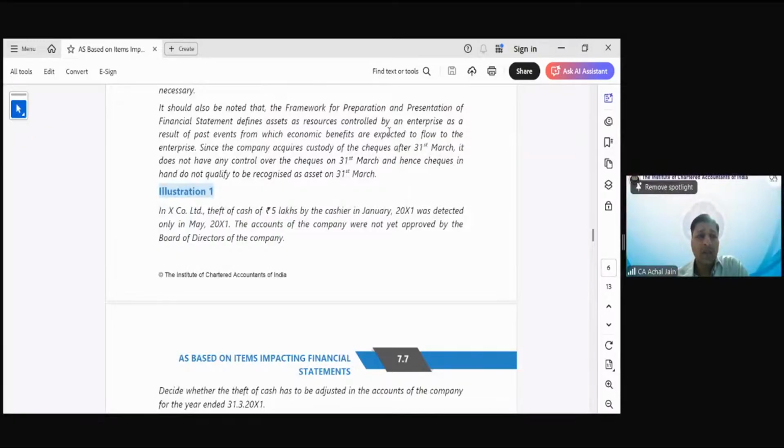If the company receives the check on 31st March, then the company will record it on 31st March. If the company receives it, let's suppose, on 1st April, then next year they will record it.